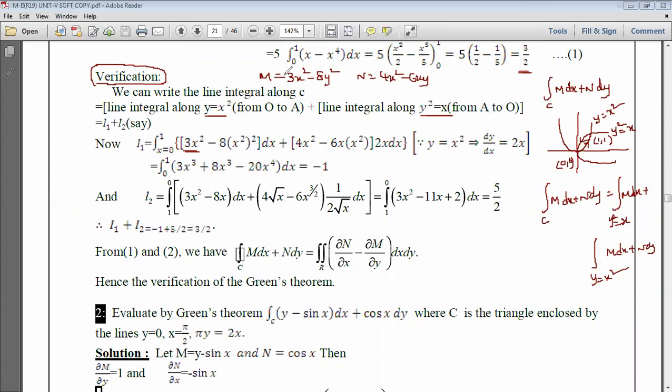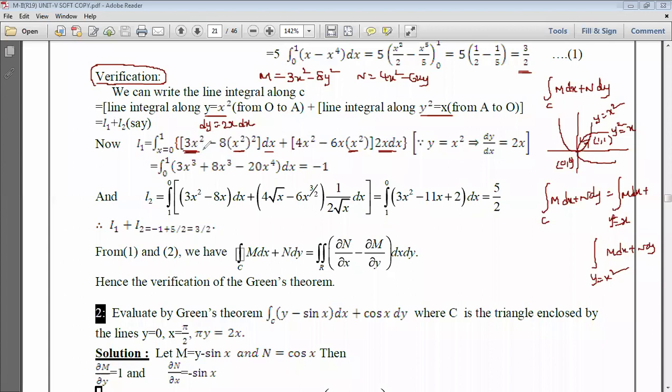Now in the line integral, we need to convert either in terms of x or in terms of y, right? For the first curve, y is equal to x square, so dy is equal to 2x dx. That's why I substituted: 3x square minus 8 into y, which is x square, whole square, and dx as it is. Next, 4x square as it is, minus 6 into x into y, which is x square, and dy is 2x dx, right? Now we have to simplify this.